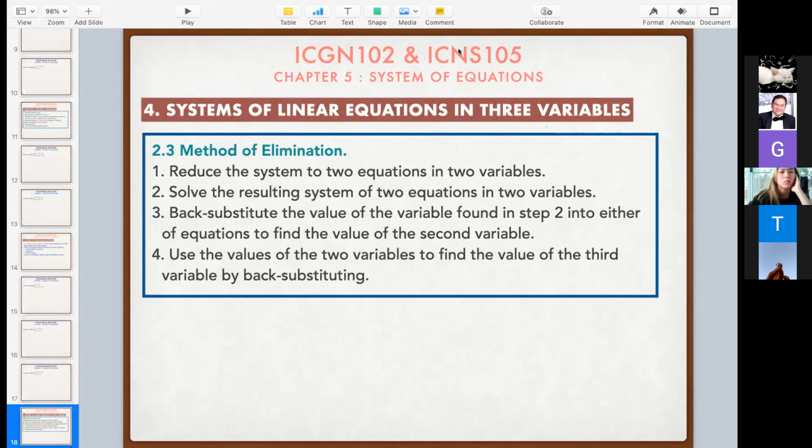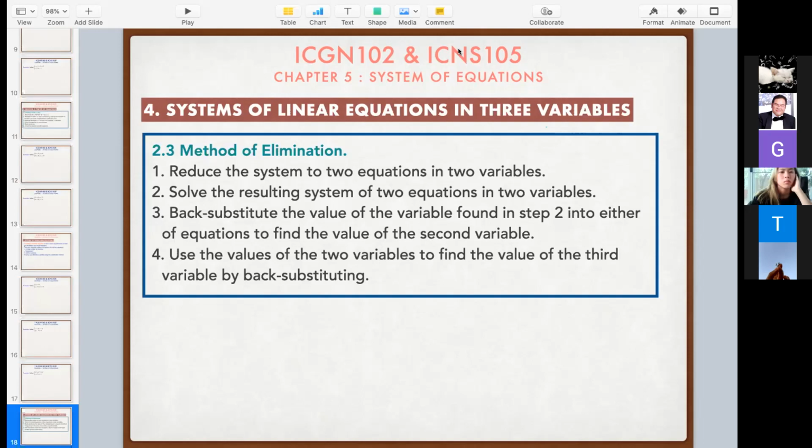We try to make one of the variables have the same coefficient so that we can add or subtract two equations together and get rid of that variable. After that, step number 2, you solve the resulting system of 2 equations in 2 variables that we had before. We can substitute, back substitute or eliminate.